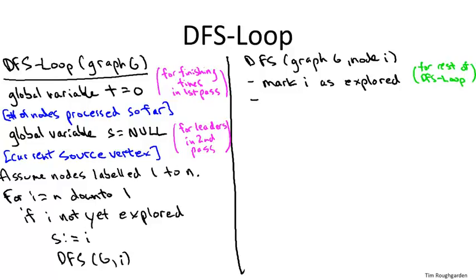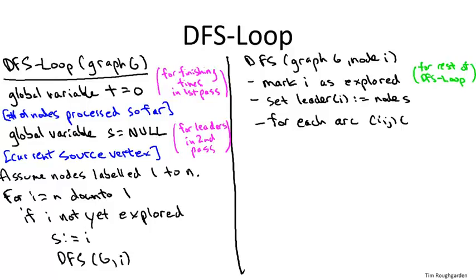And then we do what we always do with depth first search. We immediately look at the arcs going out of i, and we try to recursively DFS on any of those, although, of course, we don't bother to do it if we've already seen those nodes. Now, once this for loop has completed, once we've examined every outgoing arc from i, and for each node j, either we already saw it in the past or we've recursively explored from j and have returned, at that point we call ourselves done with node i.